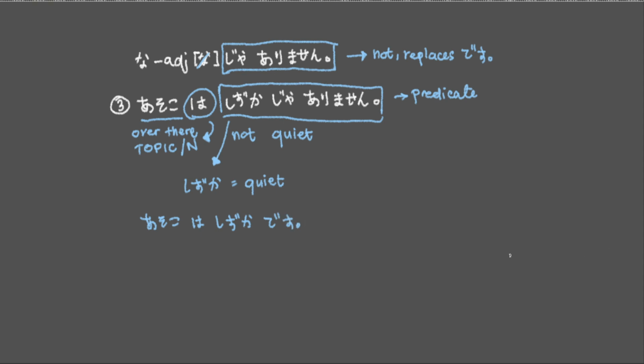And what happened here, we made it into a negative form by replacing desu with じゃありません。Okay? So, あそこは静かです。It's quiet there. Make it into a negative form, あそこは静かじゃありません。Okay, so that's how you transform a na adjective from positive to negative.